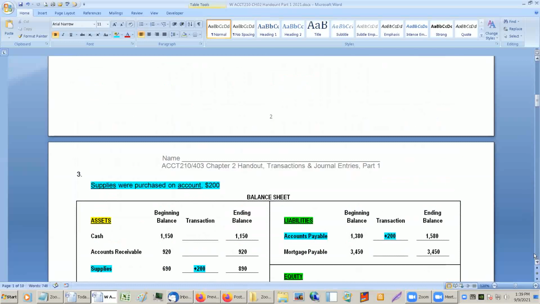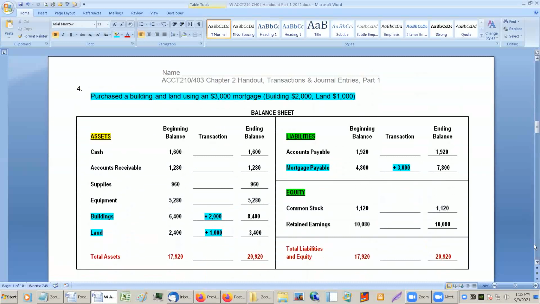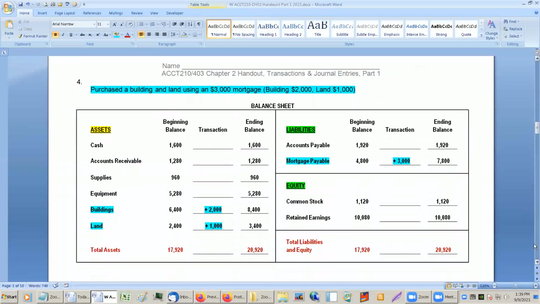Under the last transaction line for total assets, would it be plus 3,000?